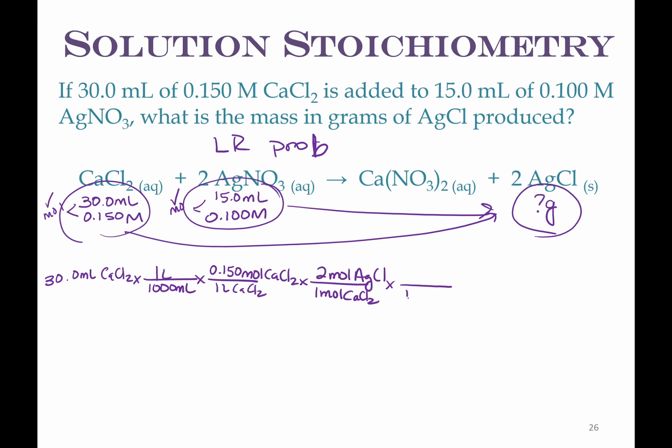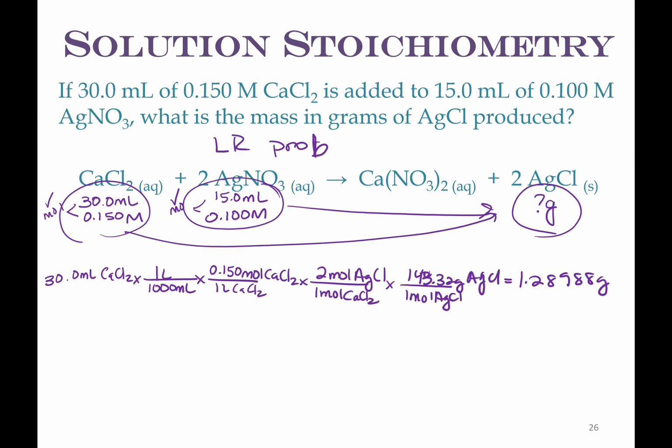So every 1 mole of silver chloride has a mass of 143.32 grams. So 30 divided by 1,000 times 0.150 times 2 times 143.32 is 1.28988 grams of silver chloride.